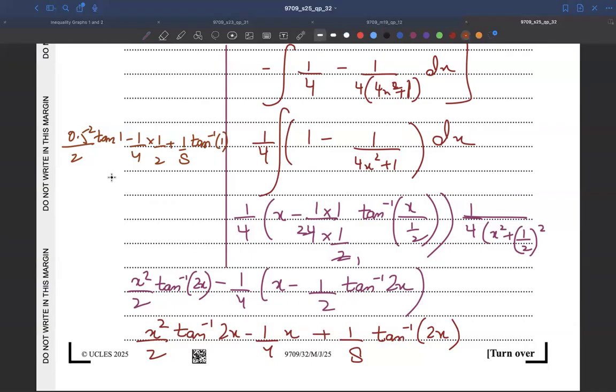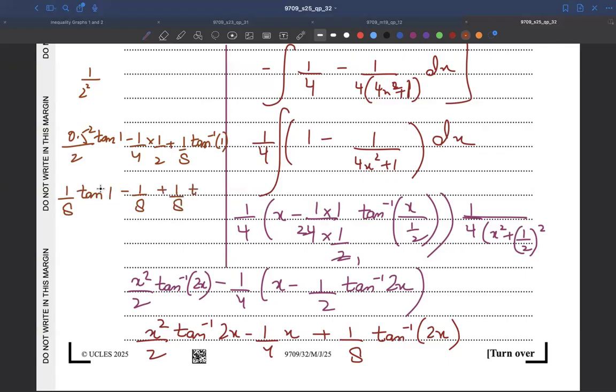Substituting this into our calculator, 0.5 squared is basically 1 upon 2 squared. That is equal to 1 upon 4, and 1 upon 4 times 1 upon 2 will become 1 upon 8 tan inverse of 1 minus 1 upon 8 plus 1 upon 8 tan inverse, and I think there's an inverse over here as well.